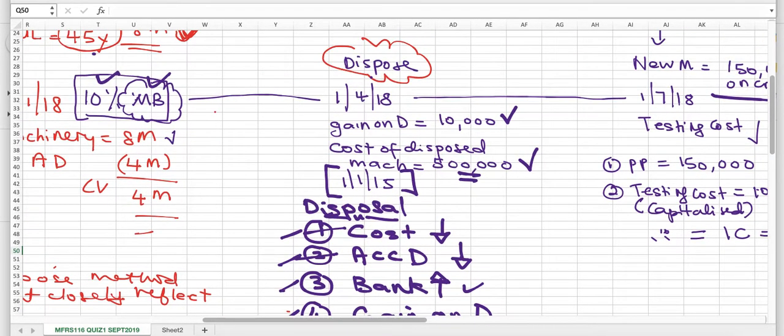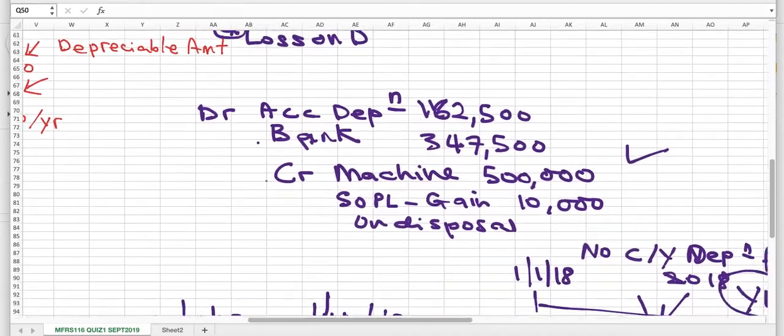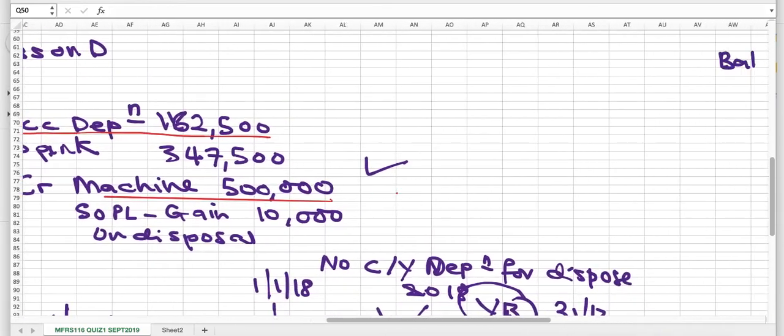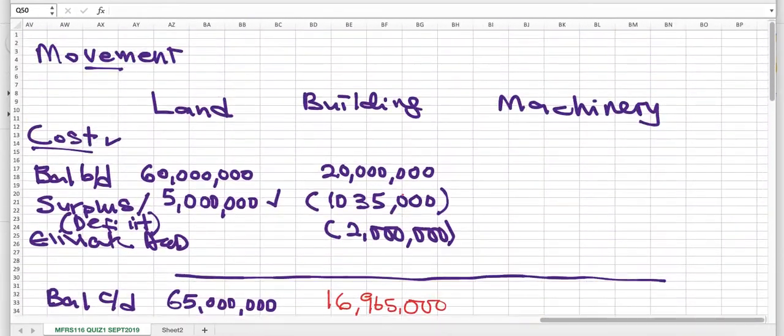So on 1st April 18, you have calculated everything and you have passed the journal entry. So the one that affects your movement is only the cost and the accumulated depreciation. Credit machine means you have to reduce your cost, and you have to reduce your accumulated depreciation because you debit.